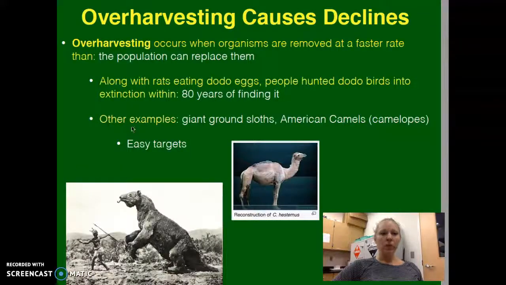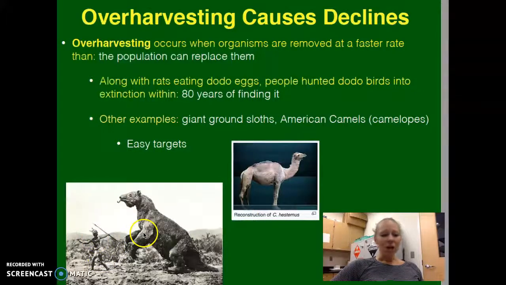So overharvesting is our next cause of biodiversity decline, which is intuitive. Historically, we had some pretty cool animals that are kind of mind-blowing to think ever existed. There's the giant ground sloth, and to scale, here is the person.